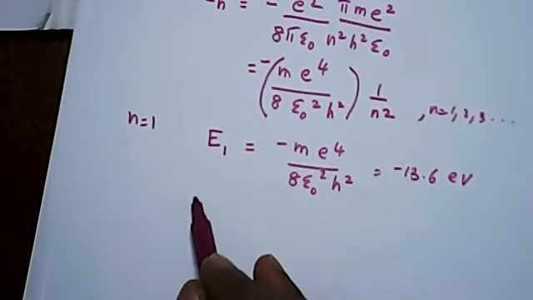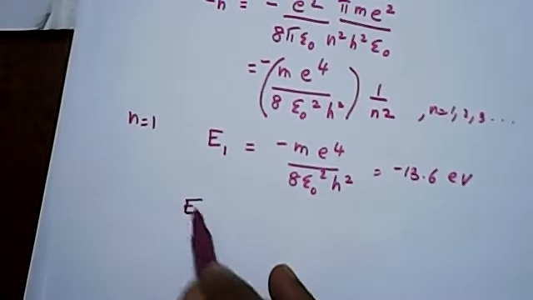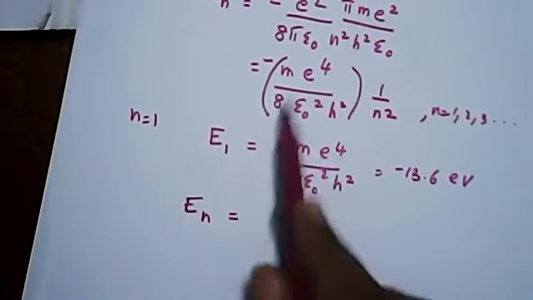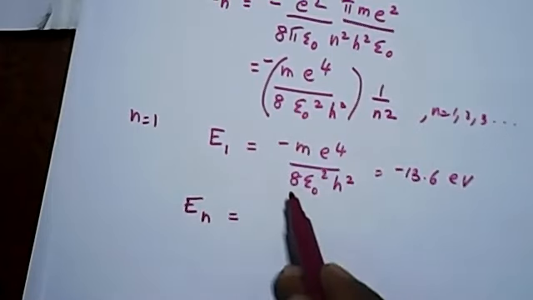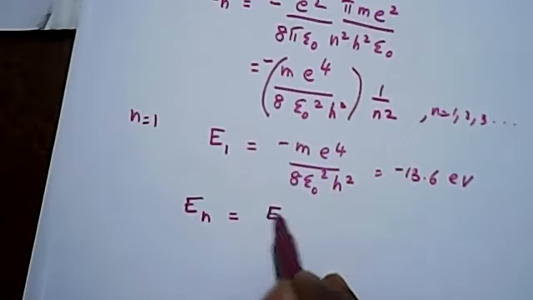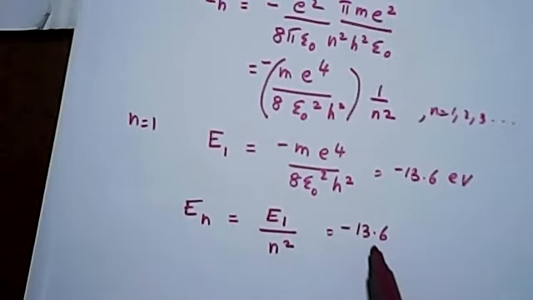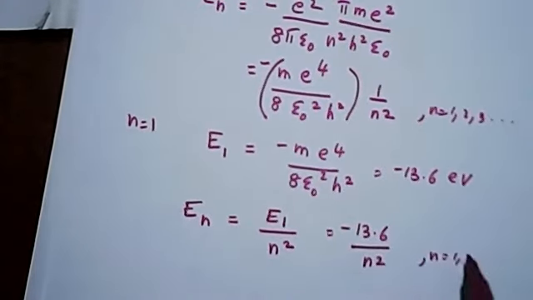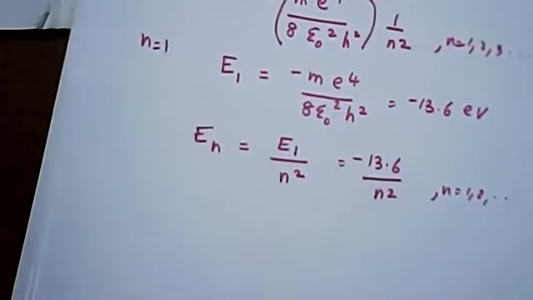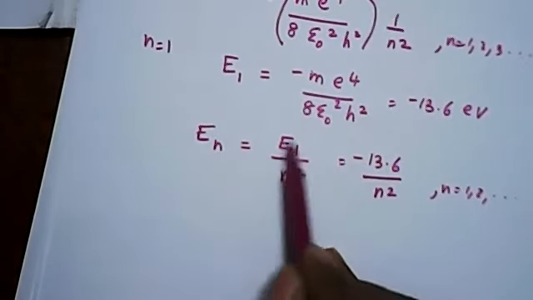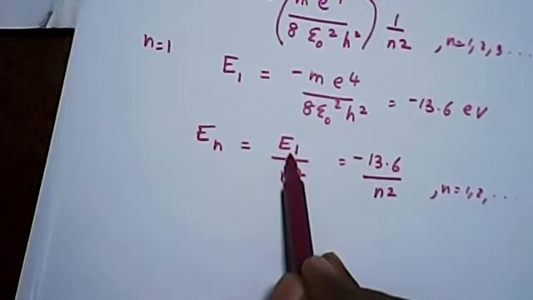Okay, so you can write En equal to E1 divided by n square, or you can write it as minus 13.6 divided by n square, where n equal to 1, 2, 3, etc. So the energy of electron in the nth orbit is actually depending upon the lowest energy, the ground state energy.